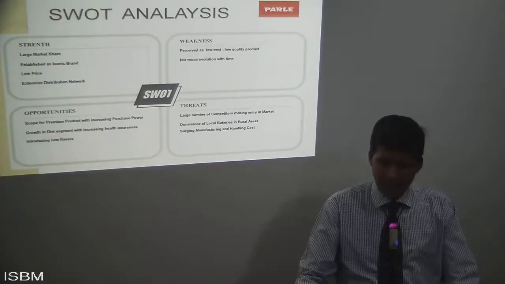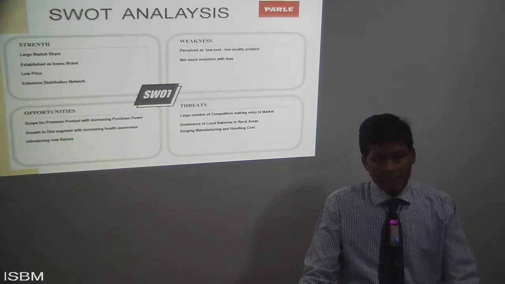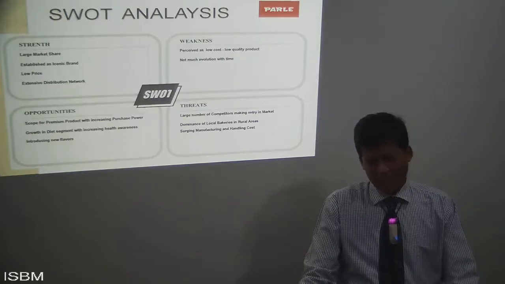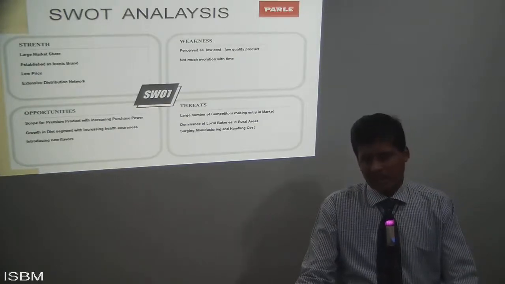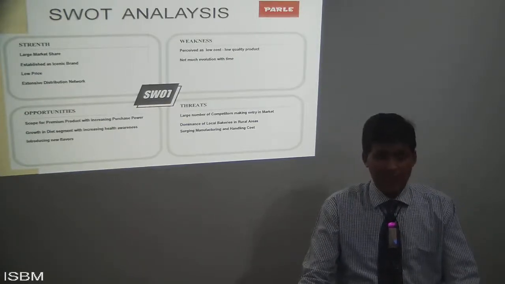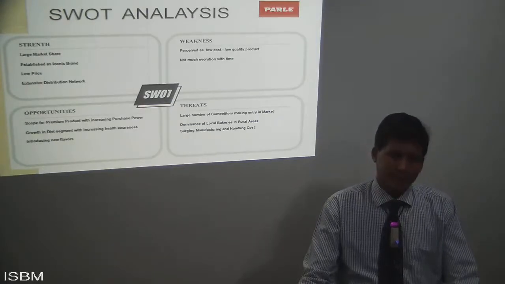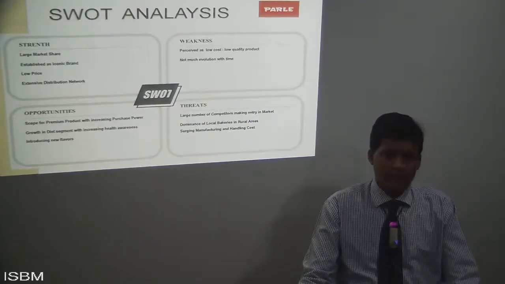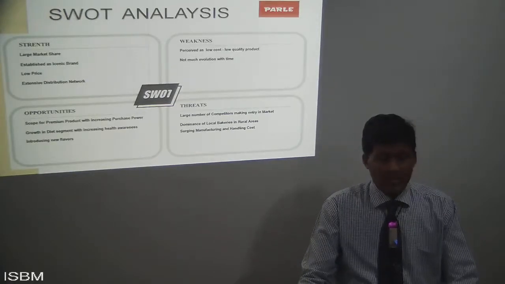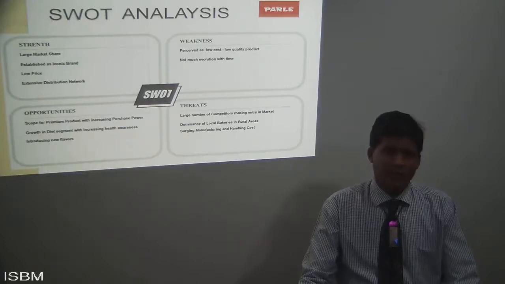It's some size. It is established as iconic brands. It's not about just building brands. The brands are really big. When you think of things like Parle G, many organizations' turnover doesn't match the brand size. It's huge. Low pricing has always been their strength.